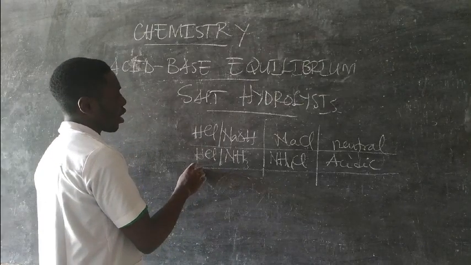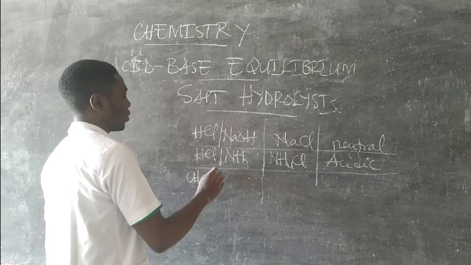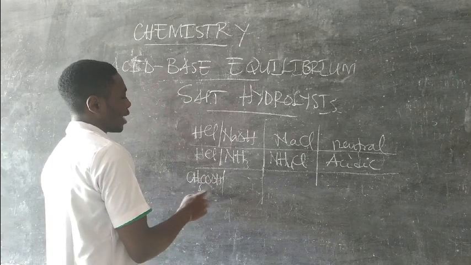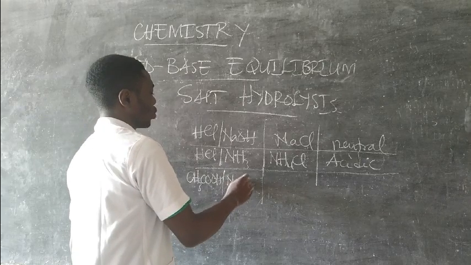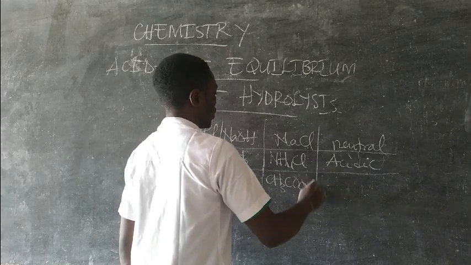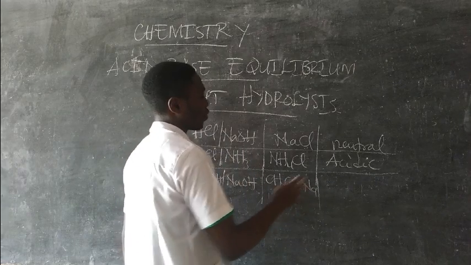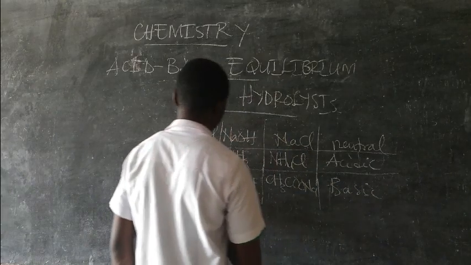Now, if you have a weak acid, CH3COOH, and a strong base, for example sodium hydroxide, I can have a salt like sodium ethanoate, CH3COONa. This salt, we have already seen, is going to give a basic solution.